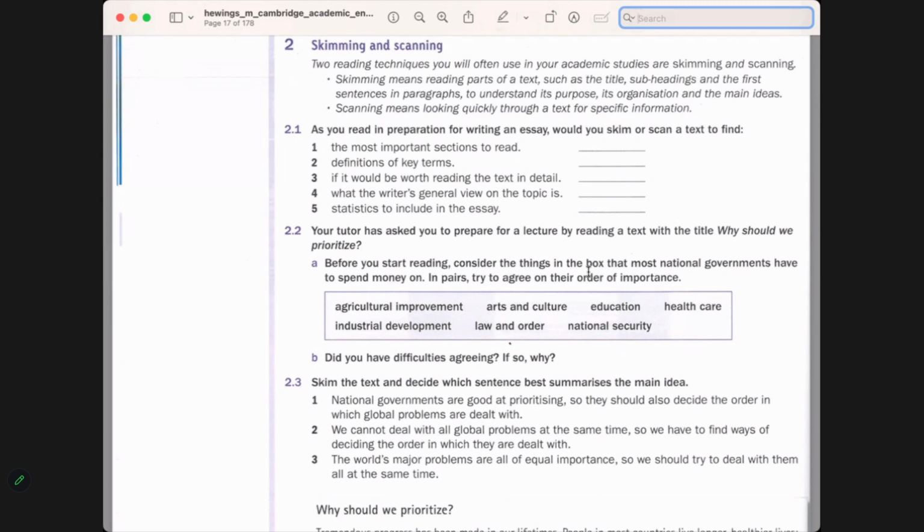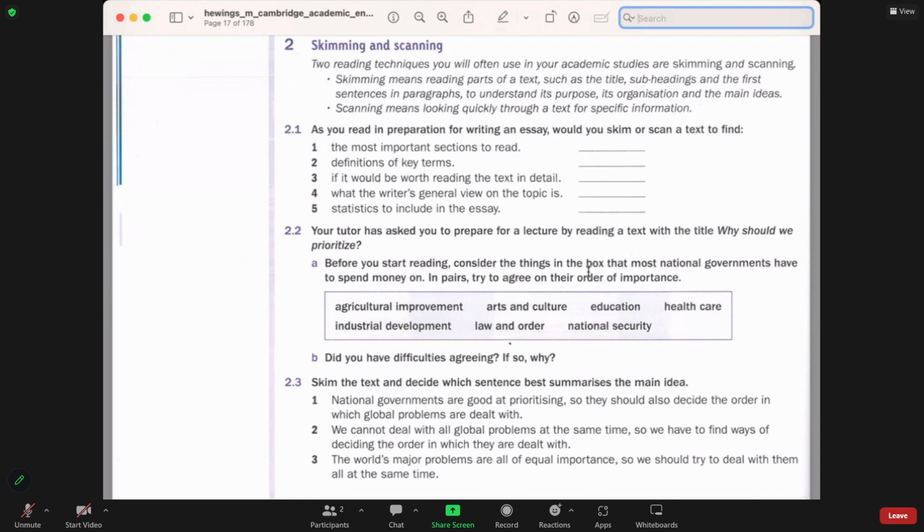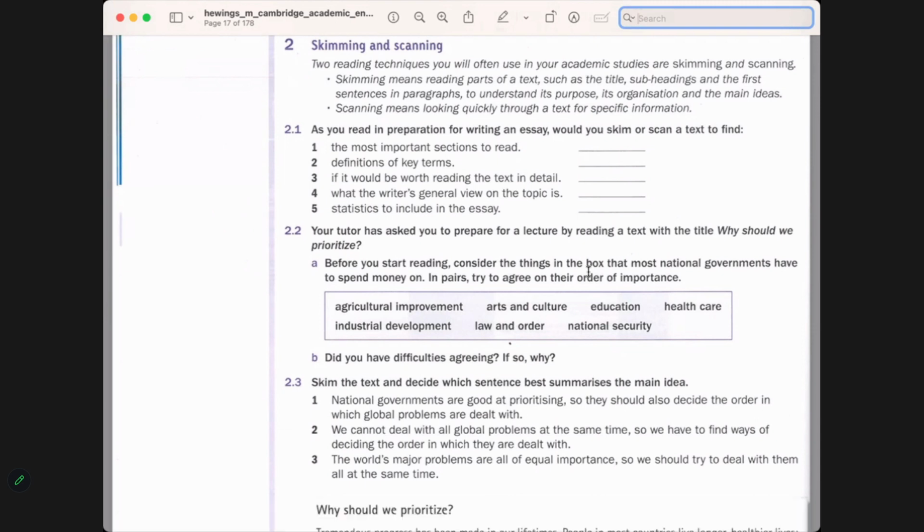Before prioritizing, we have to decide some criteria, which should be important to take into account while prioritizing. That will give us the opportunity to explain why this sphere is more important than the other one.